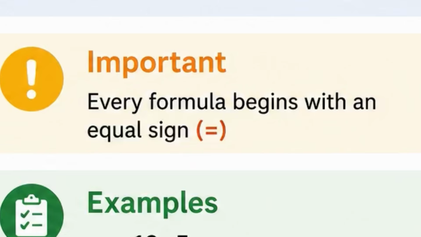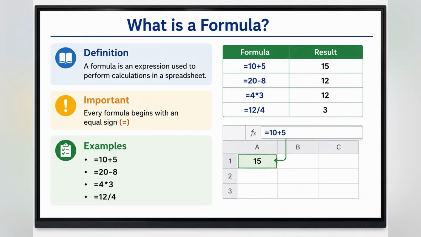One important thing to remember is that every formula begins with an equal sign. That's very important to remember. The equal sign tells the spreadsheet that a calculation needs to be performed. Without the equal sign, the spreadsheet will treat the entry as ordinary text.